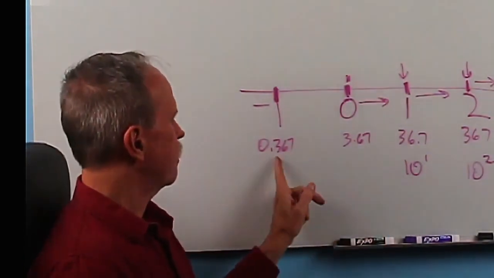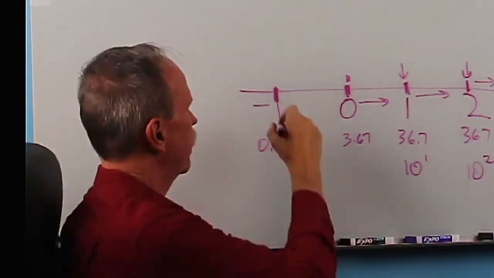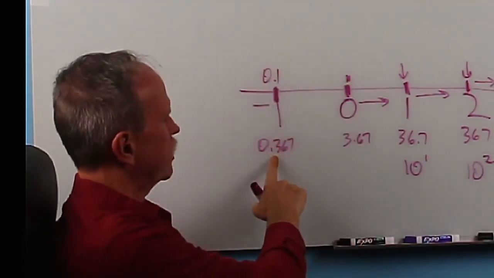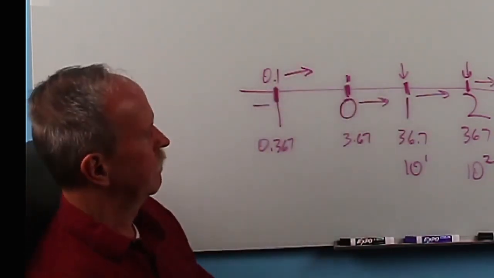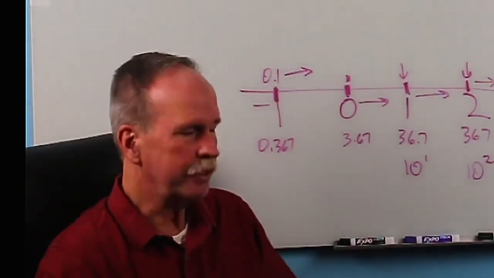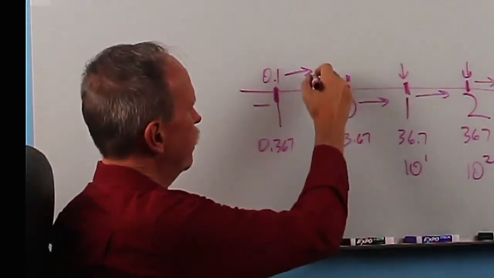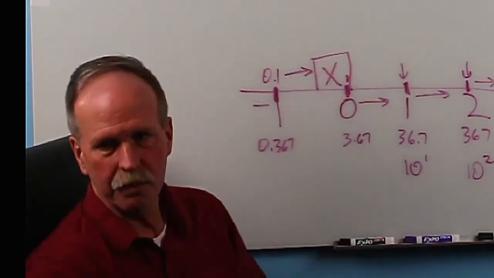But what about 0.367? Well, what's 10 to the negative 1? Well, that's 0.1, right? What do we have to do to get to 0.367? We have to move that way. However, that's 0. So what we really want to report is that right there.